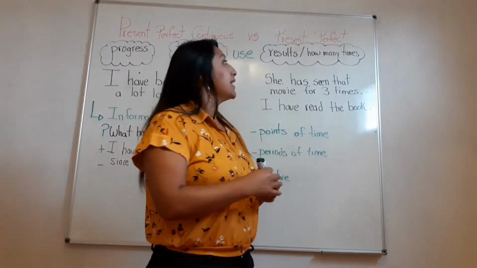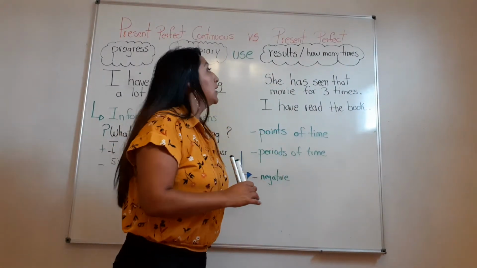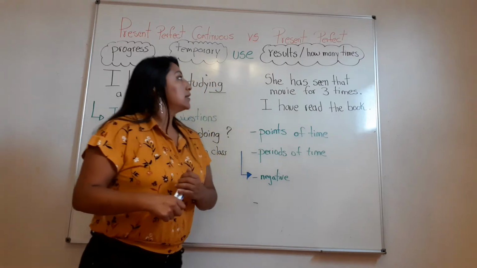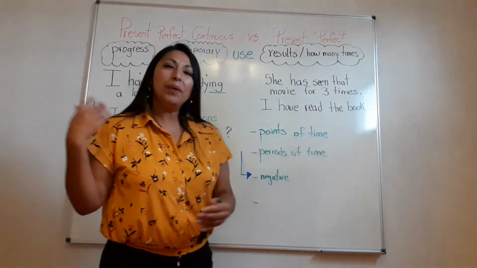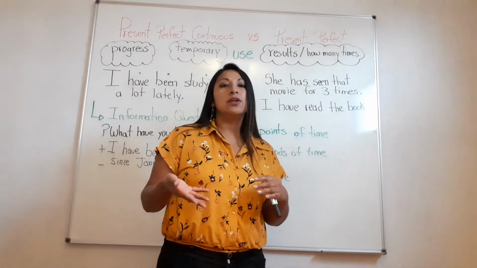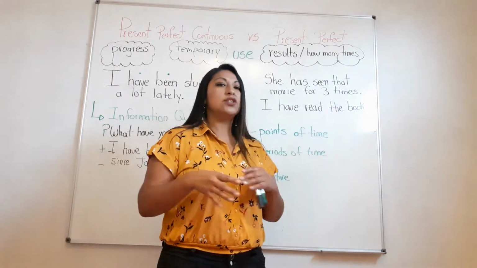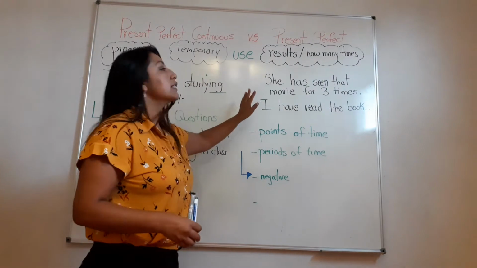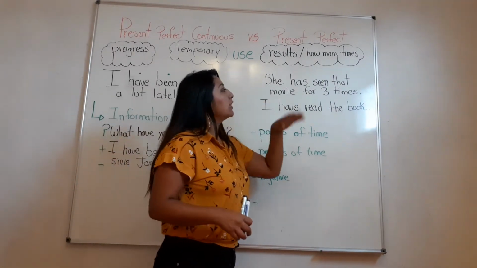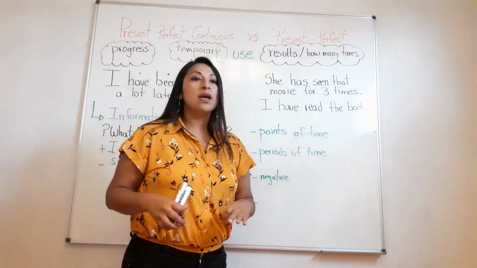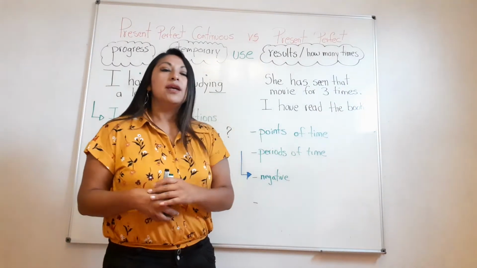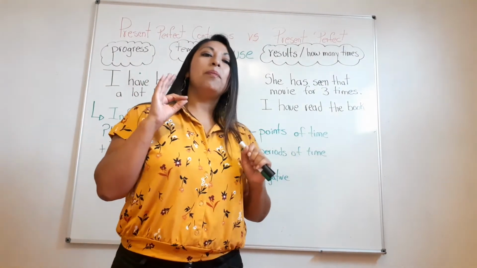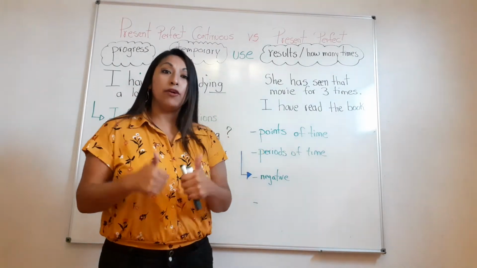Okay, now let me explain the present perfect. Present perfect is the result of any situation or how many times we have done an action. Okay, I have here my example. She has seen that movie 3 times. All right, remember here in present perfect, you have to remember the verbs.